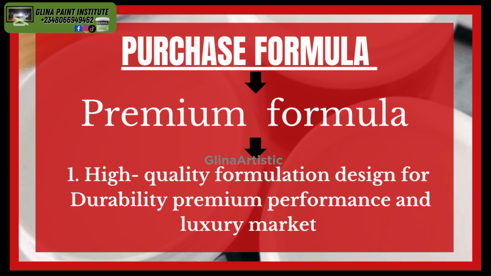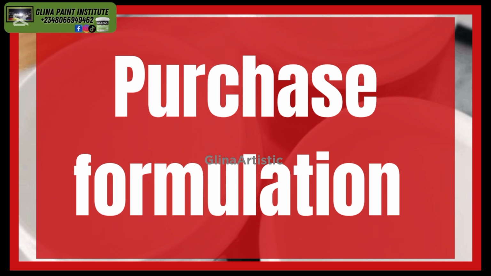They want luxury. They don't want you to give them a product that is going to give them problems. You understand? Like I said, they know what they want. So now this purchase formula is the one we use for selling to end users.